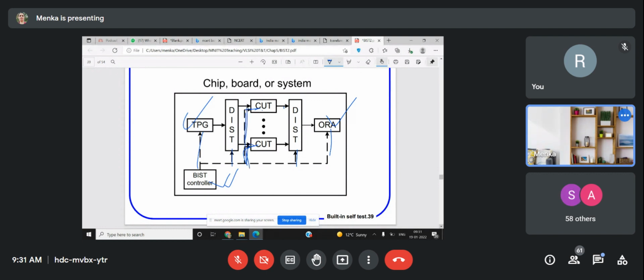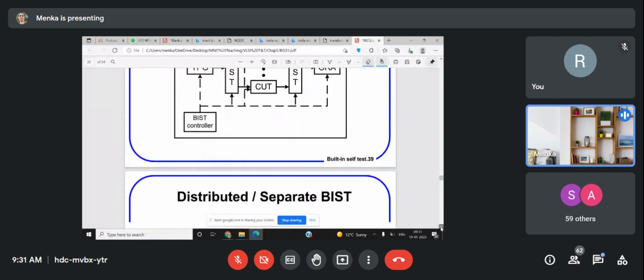One signal is going to control the chip also. You may be using a multiplexing and demultiplexing system to identify which chip it corresponds to if you find a fault.